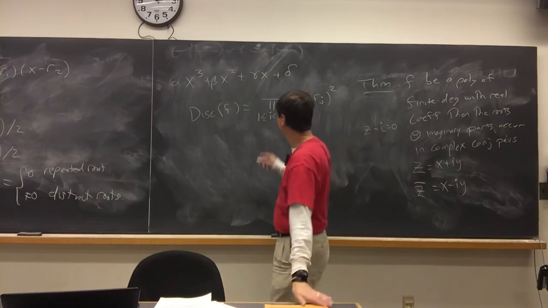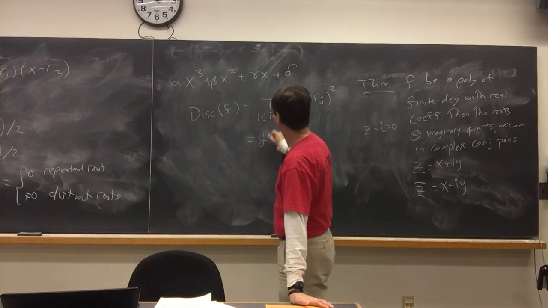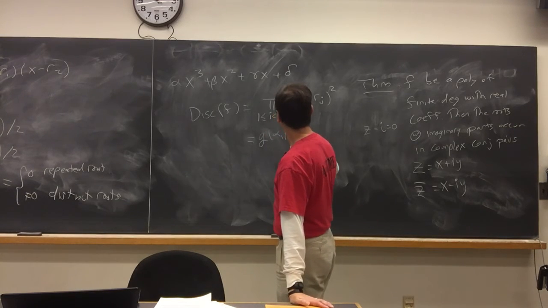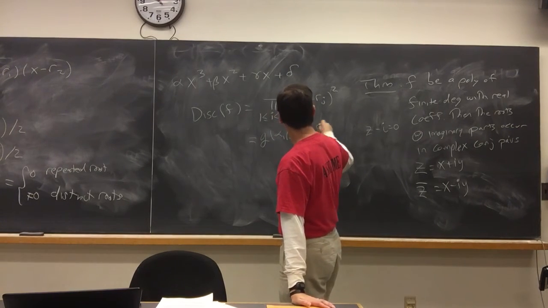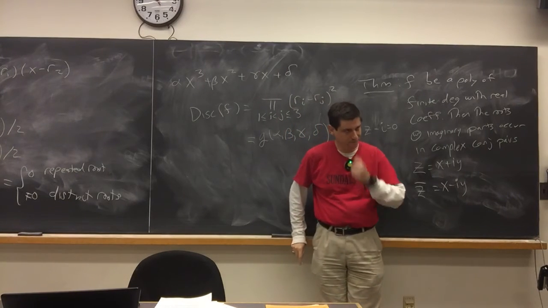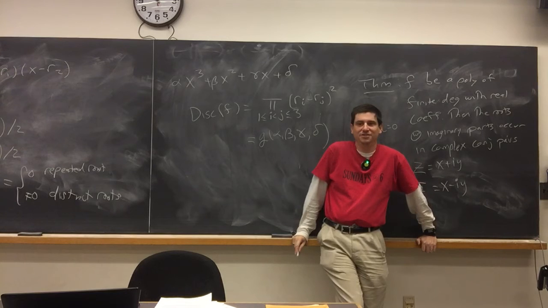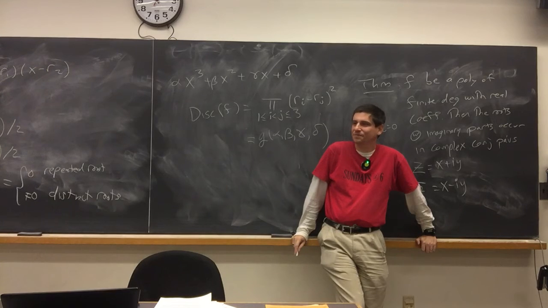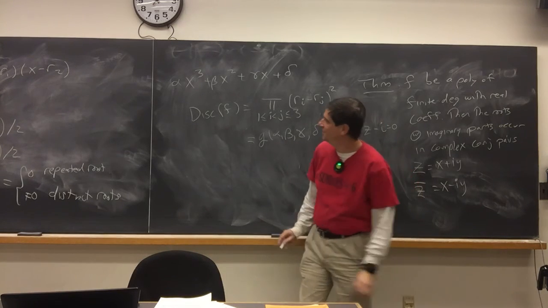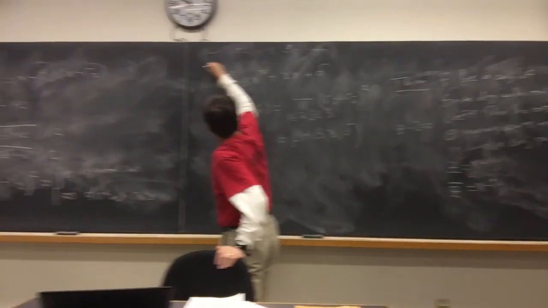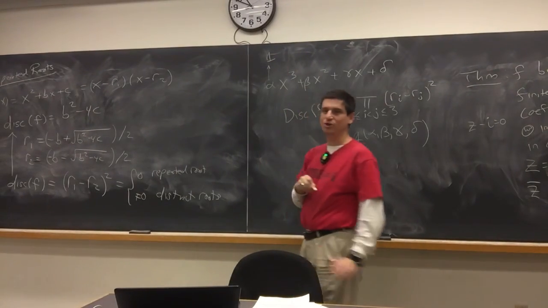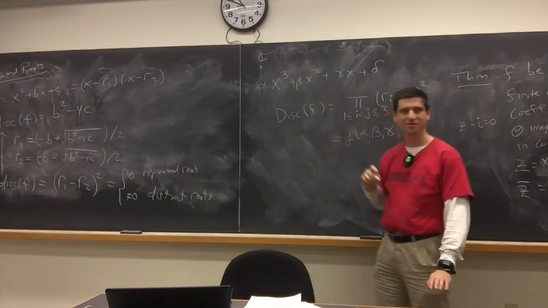This should be some function of alpha, beta, gamma, and delta. Do you want to determine a function of alpha, beta, gamma, and delta? What would be so much nicer? Yes? Well, first we standardize it so we could just get rid of the alpha. Make alpha be 1, so it's a real cubic. I feel like Pinocchio here.